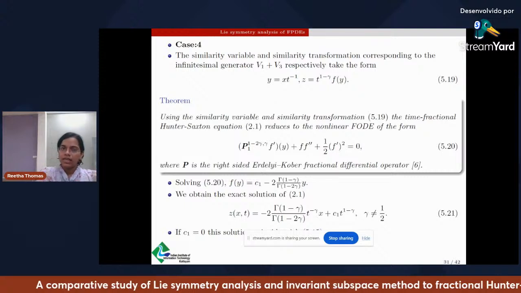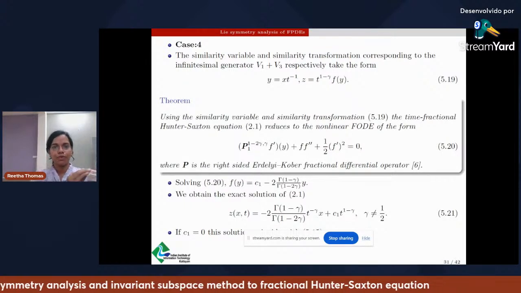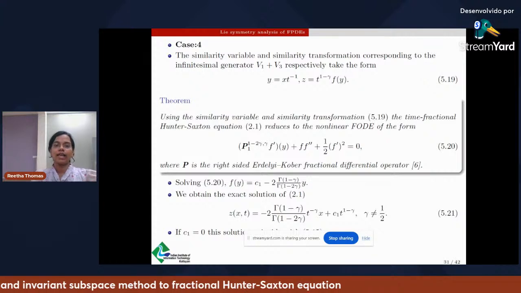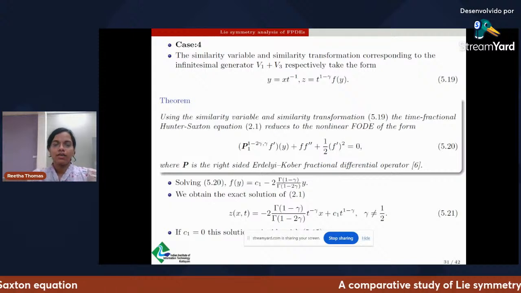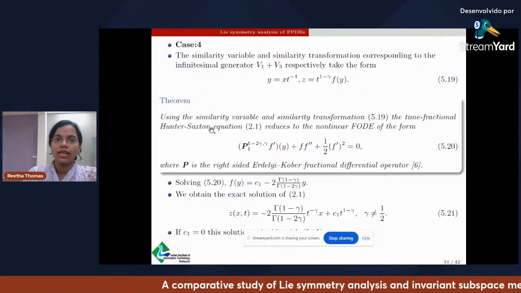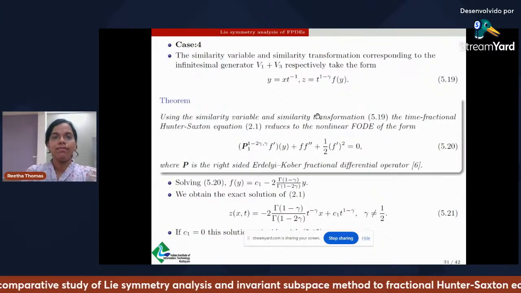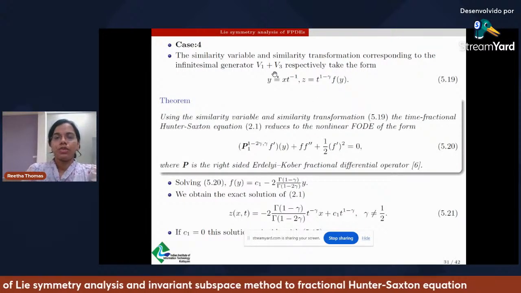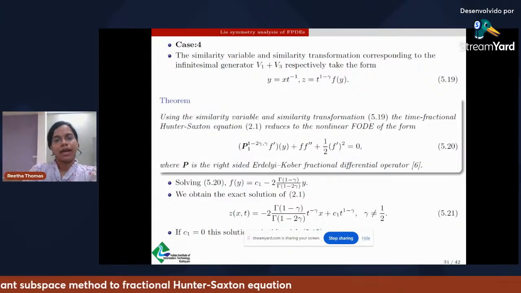In the invariant subspace method, we can reduce the fractional PDE to a fractional ODE which consists of the same differential operator, the Riemann-Liouville differential operator. In cases 2 and 3, V2 gives the fractional PDE reduced to the Riemann-Liouville fractional ODE.